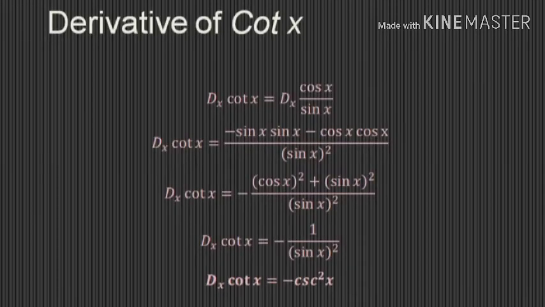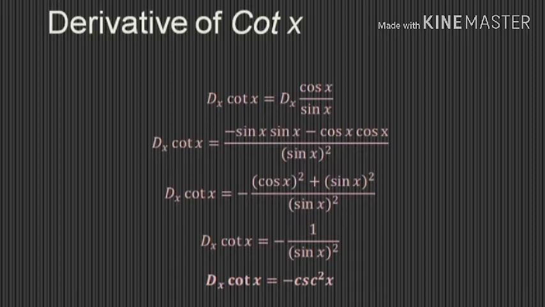Now cotangent x. Dx cotangent x is equal to dx of cosine x over sine x. By also using the quotient formula for derivative, we get u prime means cosine x prime. The derivative of cosine x is negative sine x. So negative sine x times sine x minus cosine x times the derivative of sine x, which is cosine x, all over sine x squared.